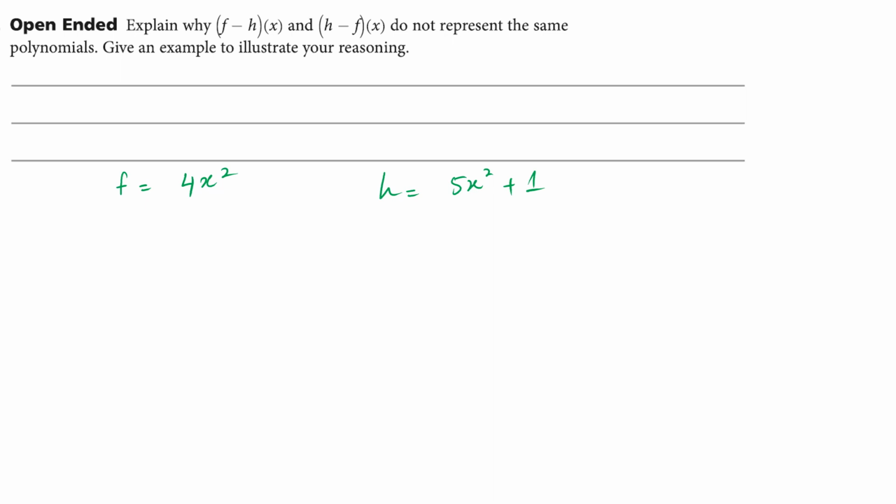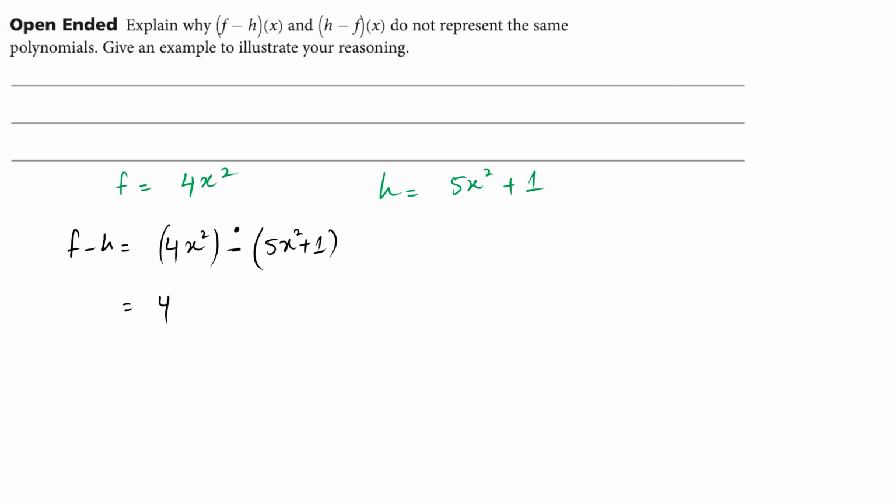Okay, so let's do what they are asking you here, find f minus h. So first write f, that is 4x square in the bracket, minus, then write the h, that is 5x square plus 1. Now open the bracket because here is the minus.